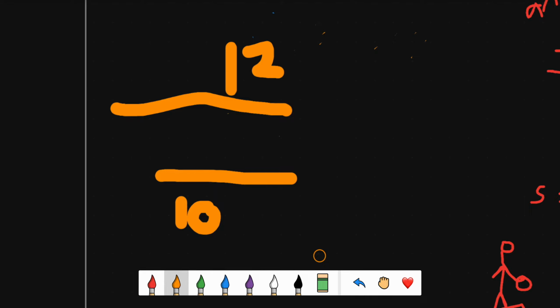Why do we do 12 minus 10? It's to determine the displacement, because the object travels westward. Always remember this: when it goes east it's positive, and when it goes west it's always in the negative direction.